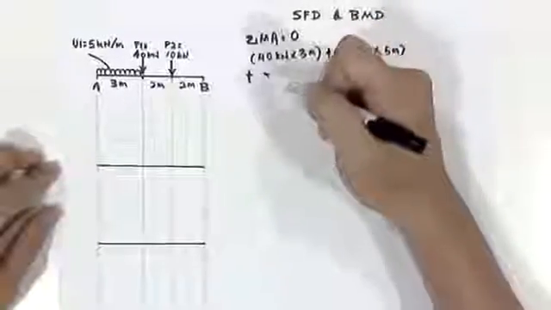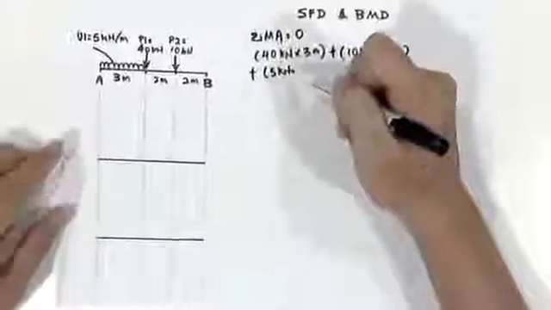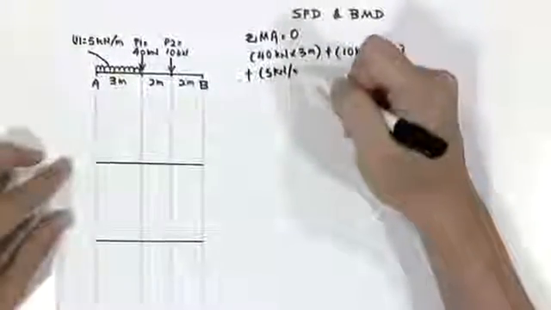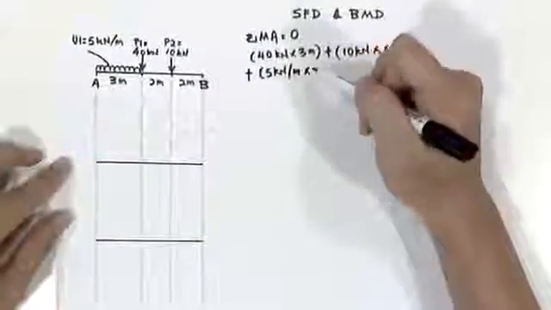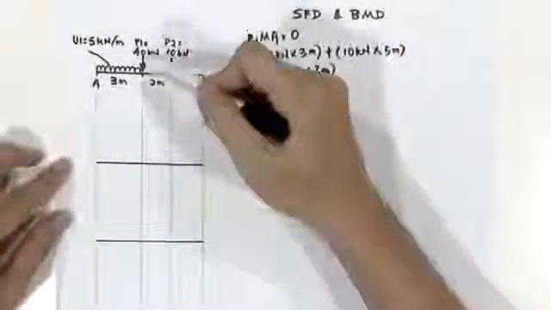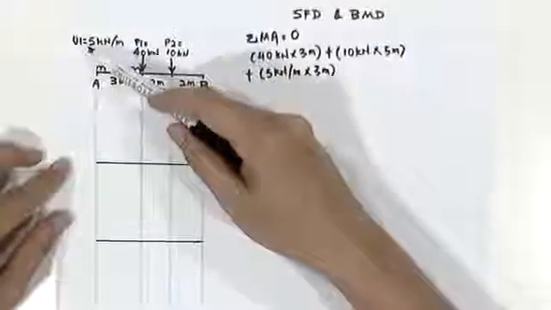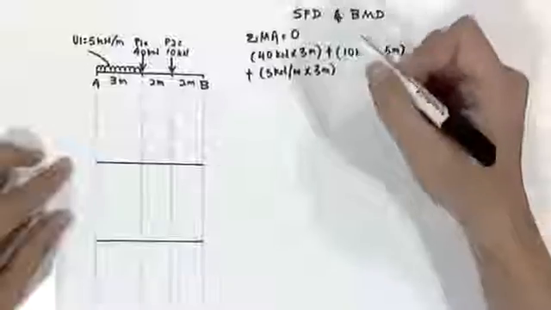So 5 kilonewton per meter times 3 meter, to get the total load coming from U1.